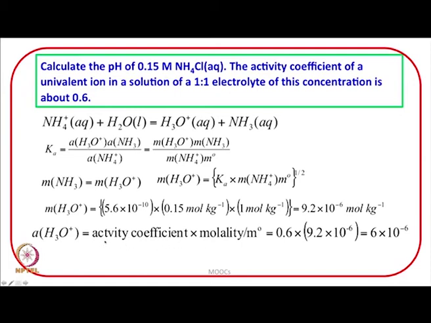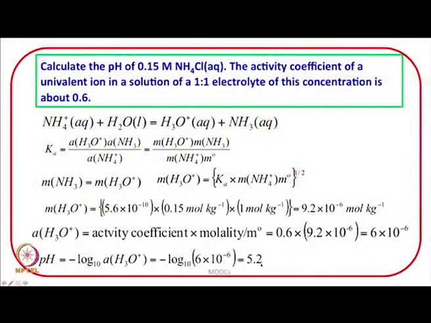We are given the value of activity coefficient, which is 0.6, into molality, and overall activity is coming to 6 into 10 to the power minus 6, and when you substitute into the pH equation, pH is minus log base 10 activity of H3O plus, the overall value comes out to be 5.2. And that is what I said in the beginning, that being a very weak acid, it will be lowering the pH of water from 7, pH will be less than 7, and therefore what we got is the pH value of 5.2.